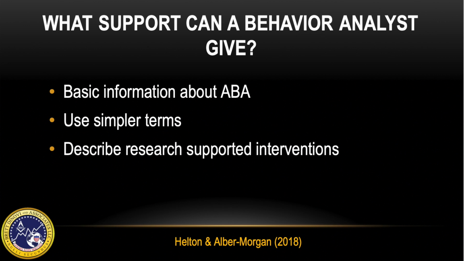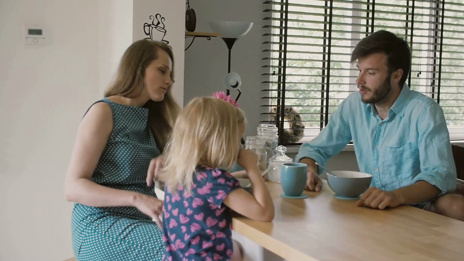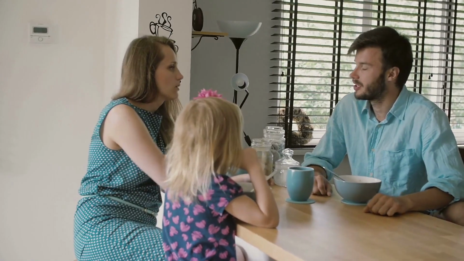The BCBA can explain simply by describing the research-supported interventions that are implemented to improve socially significant human behaviors. In school, some socially significant human behaviors are sitting at a desk and keeping hands on instructional materials. By improving these behaviors, the BCBA can support the development of the child's skills in language, academics, daily living, self-care, vocational abilities, and social skills.